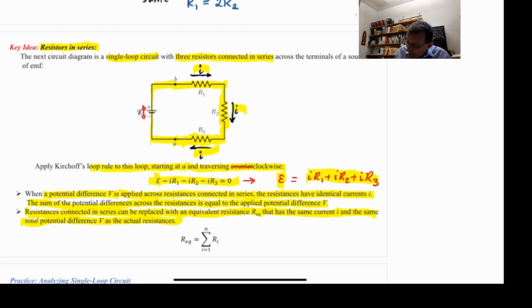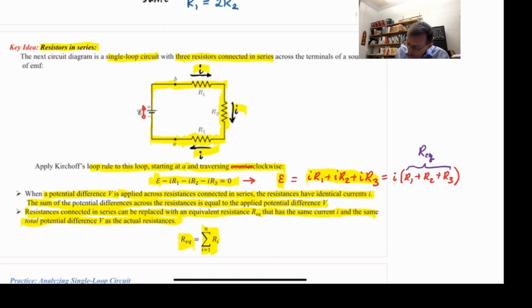It comes from this expression up here by acknowledging that they all have the same I. So you can factor out the I, and then you have in parentheses R1 plus R2 plus R3, and you just take that total and replace it with a single equivalent resistance, Req. In other words, when you have resistors in series, to get the equivalent single resistance, just add up the individual resistances.